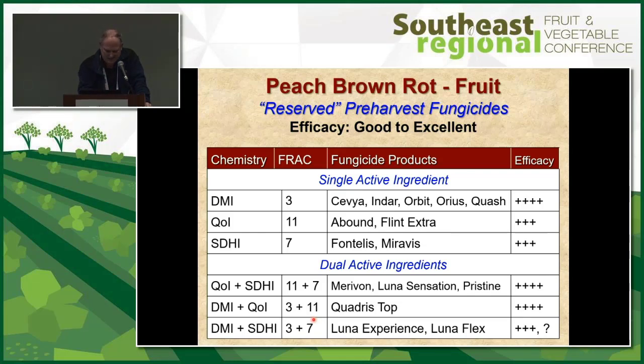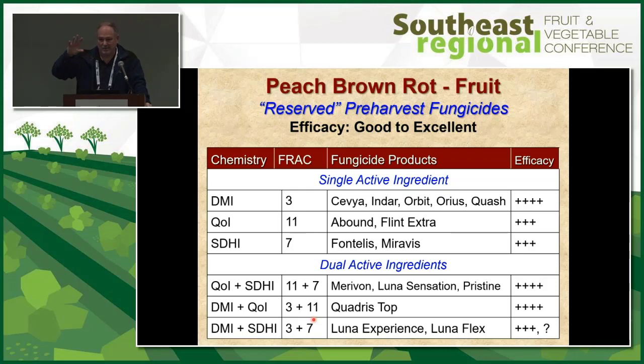Here's a listing of single active ingredient fungicides in the DMI, QI, and SDHI categories, and then we have dual active materials as well. These are some of our best materials for controlling brown rot, and we want to reserve them for use during the pre-harvest season.